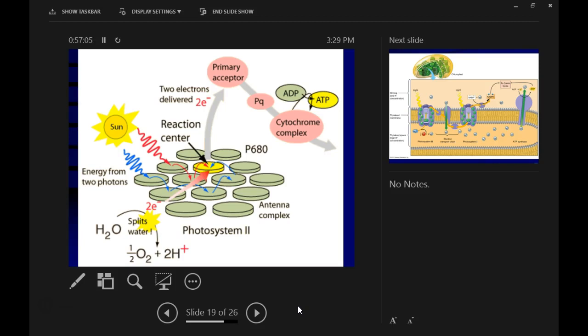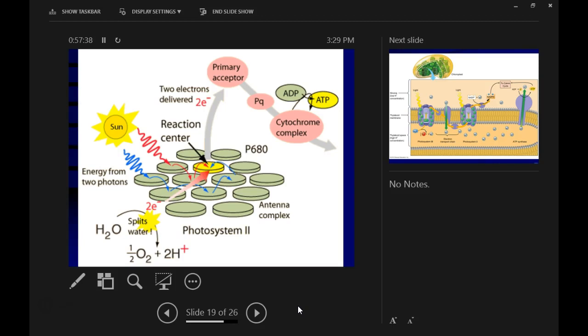It's the thylakoid space of the thylakoid. So what's happening is this enters an electron transport chain, and as those electrons are passed from one protein to the next, hydrogen ions are pumped into the thylakoid space.